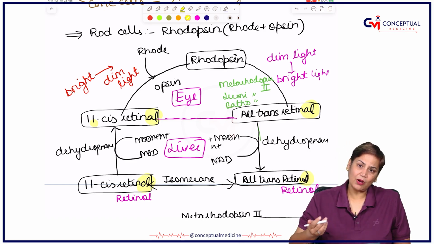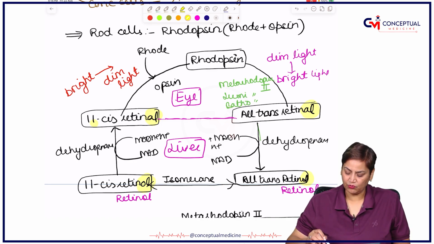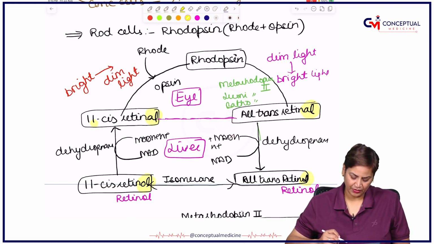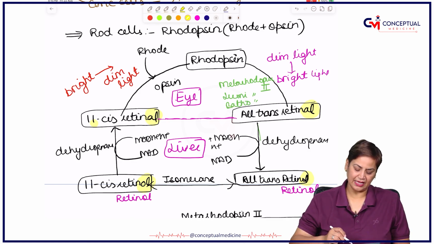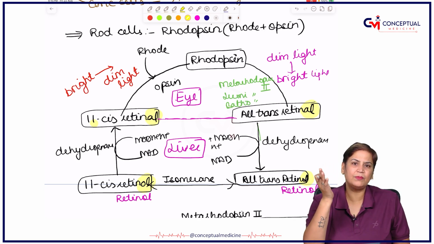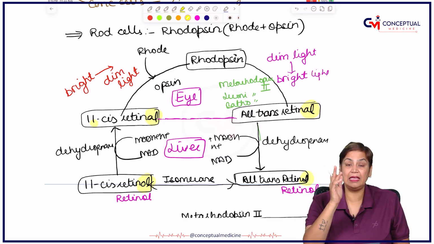Then the moment we come out, this rhodopsin is cleaved to form all-trans retinal. The function is over. This all-trans retinal will be converted into retinol. This retinol will be converted into its own isomer, which is 11-cis retinol, and then again it will generate 11-cis retinal.